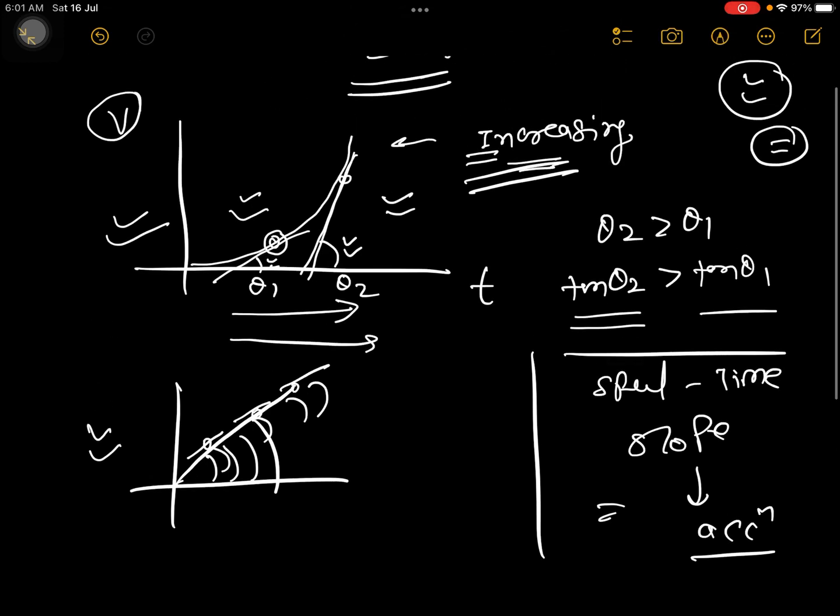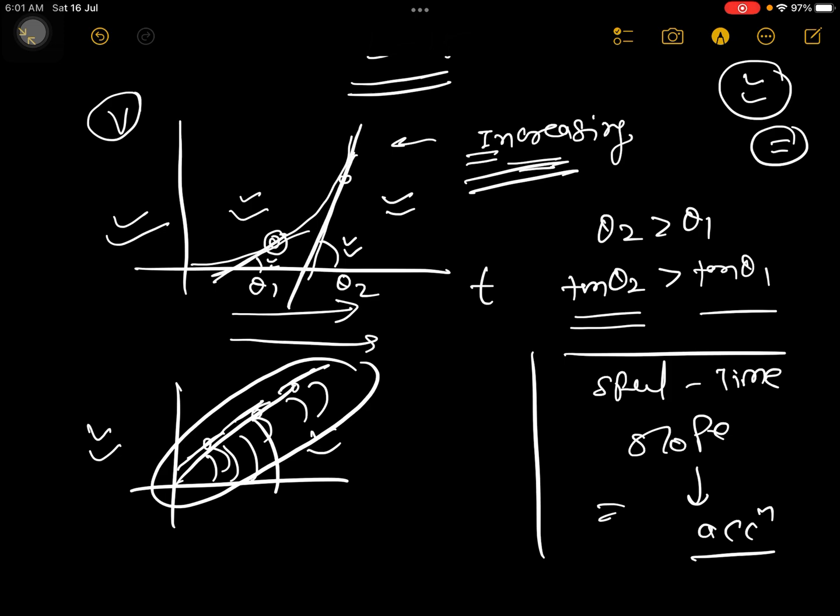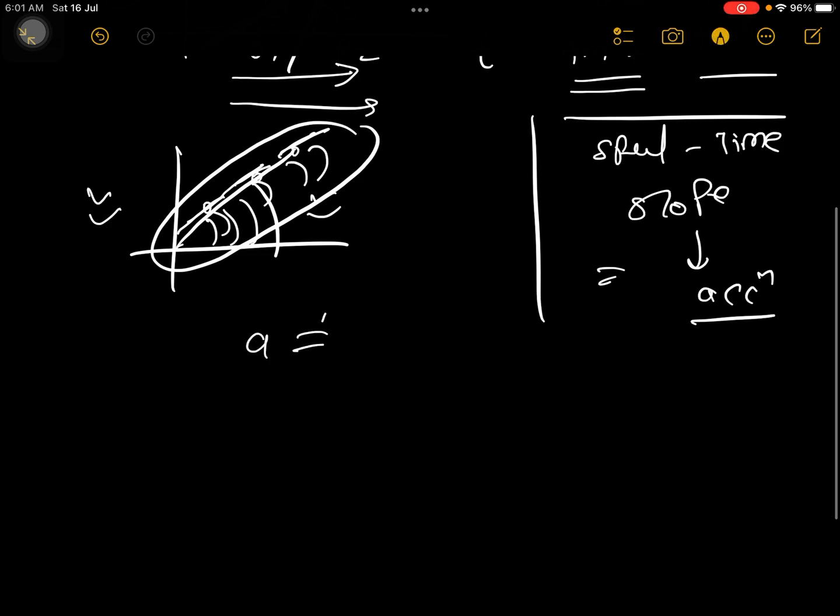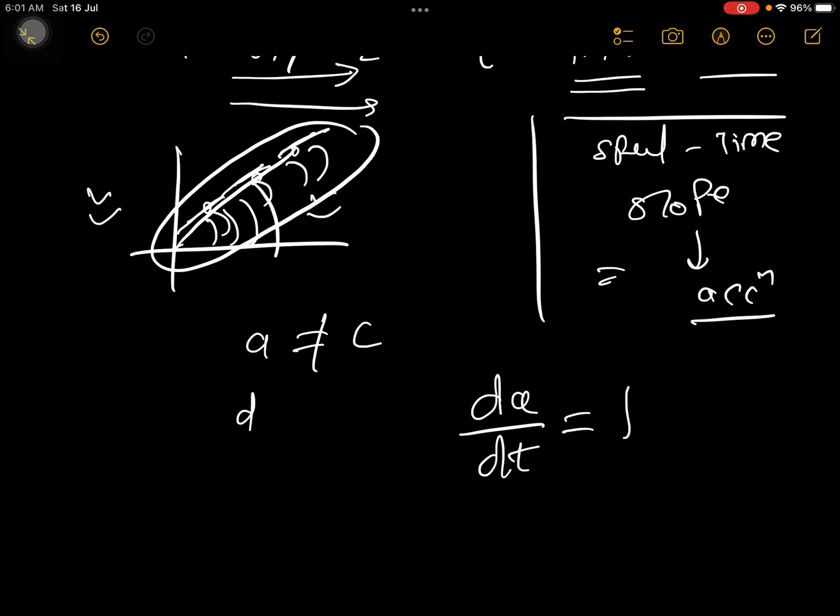But in this case your acceleration is constant because the slope is constant, but in this case your acceleration itself is changing. It means acceleration is not constant. So if you find the change in acceleration with time, of course there is some slope. It is not zero. There is some other value.